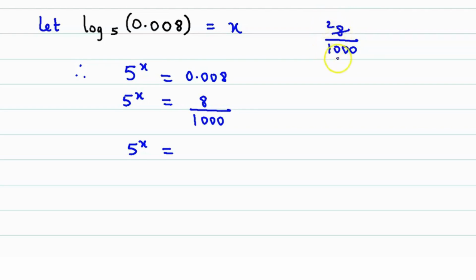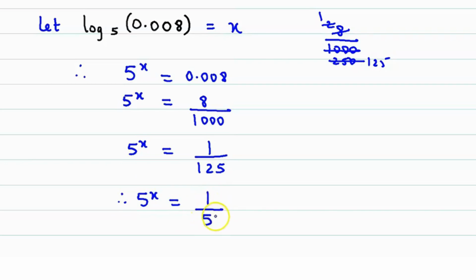So 5 raised to x is equal to, ये अगर हम reduce करते हैं 8 by 1000, so 4 से करते हैं, 4 2s are 8, 4 into 250, then 2 1s are 2, 2 into 125. तो ये आ जाता है 1 upon 125. Therefore 5 raised to x is equal to 1 upon 5 cube. अब इसका हम रेसिप्रोकल ले लेते हैं.